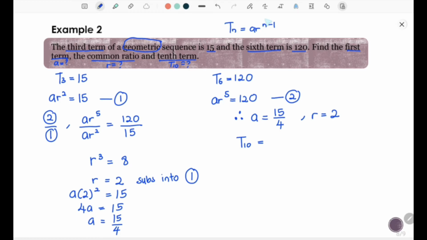Also, you are going to apply this formula to find T10. So we have 15 over 4 times r, which is 2, to the power of n minus 1, which is 10 minus 1, is 9. So you should get T10 equal to 1920.